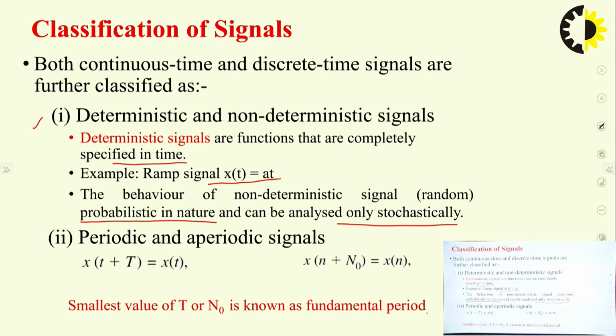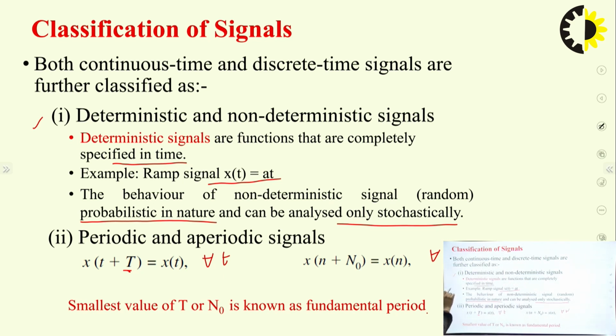Then periodic and aperiodic signals. Periodic signals are those which repeat themselves after a certain interval of time, called the time period. So if x(t+T) equals x(t) for all t, and similarly in a discrete time signal x(n+N0) equals x(n) for all n, then the signal is periodic.